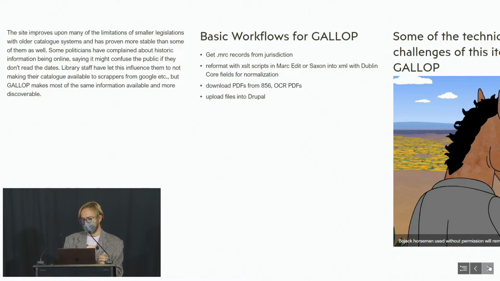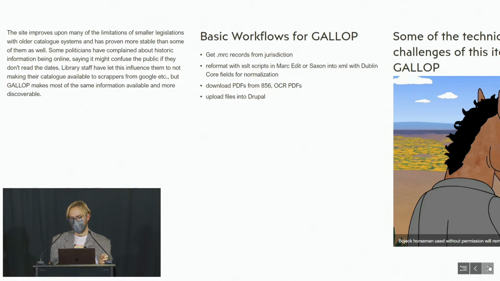But there are also complications, and politicians have complained about historic information being online, that it might confuse the public, that they think it's current if they don't read the dates. So they're asking not to put this information online, but library staff have sort of accepted that.